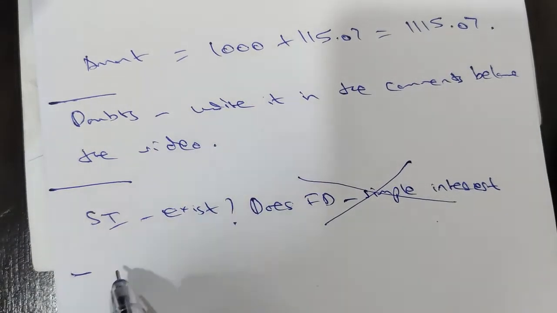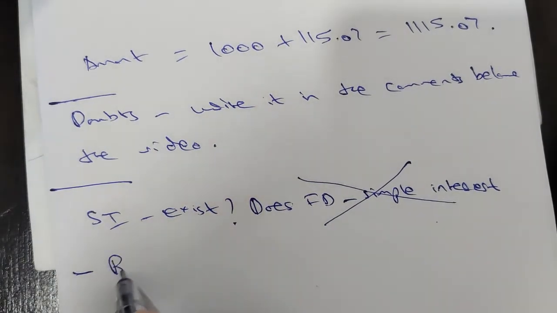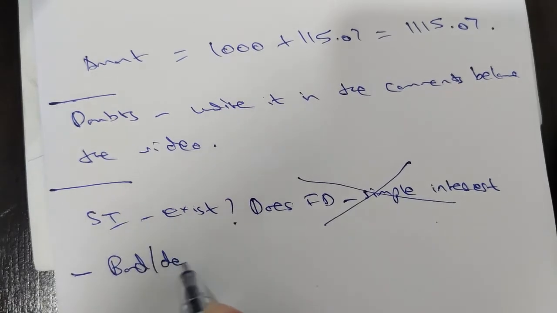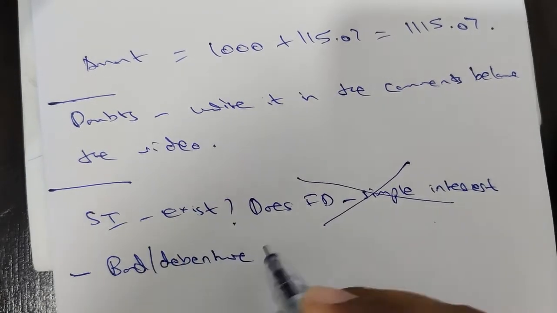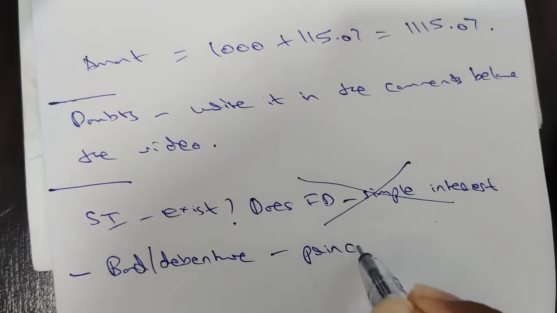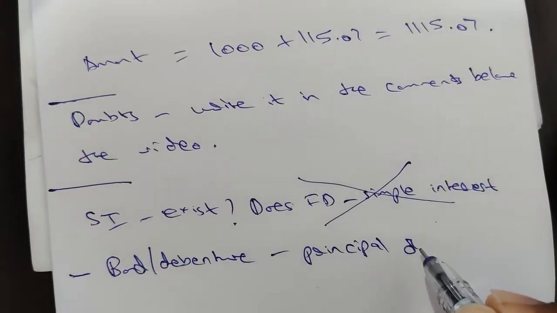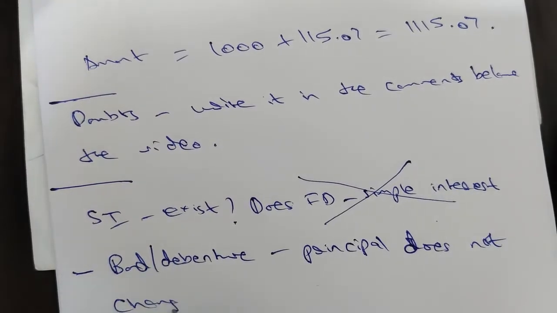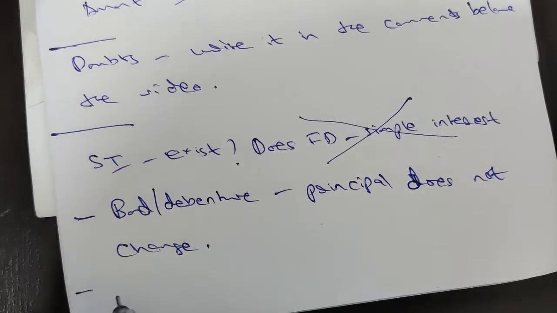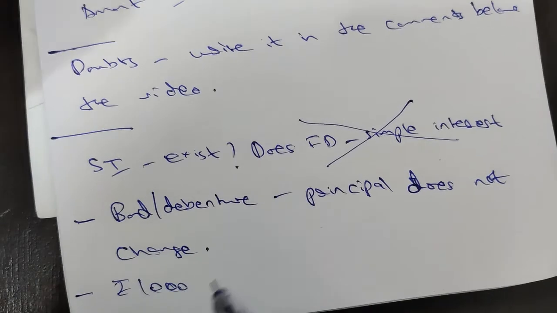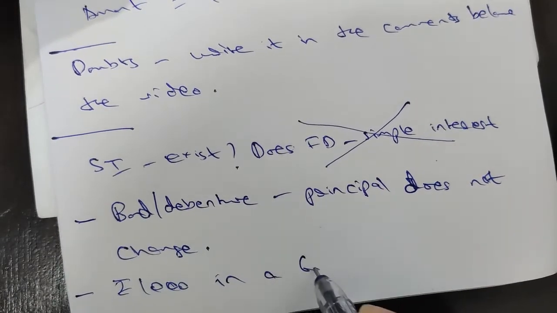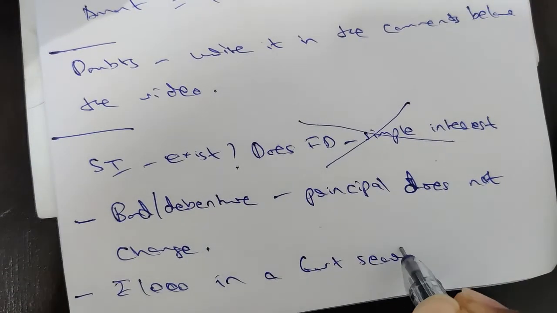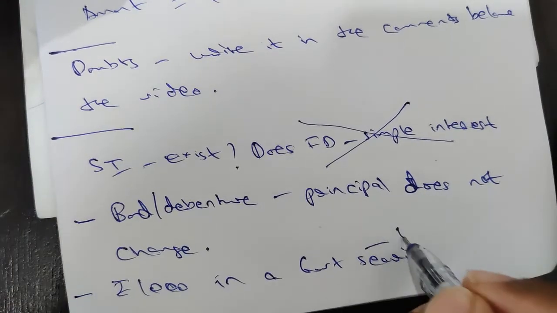The only example that comes to my mind is a bond or debenture, where your principal does not change. So suppose you have invested rupees 1000 in a government security or a treasury bill.